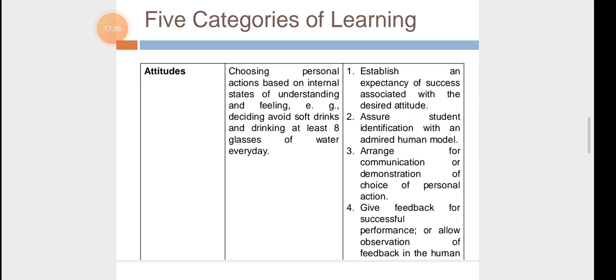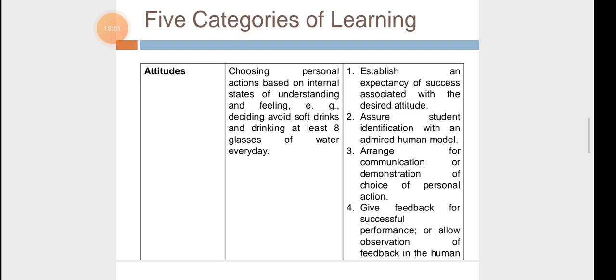Number 2, assure students' identification with an admired human model. That through these attitudes, mayroon na silang kakayahan kung ano ba yung ina-admire nila. Especially, sabihin natin, some of us, ina-idolize yung mga Koreano. Of course, yung mga artists na nagiging nila itong role model.